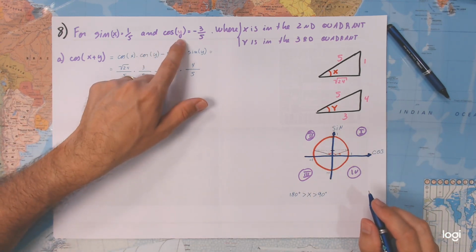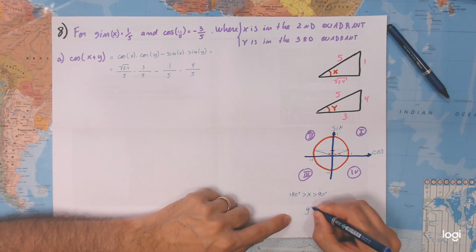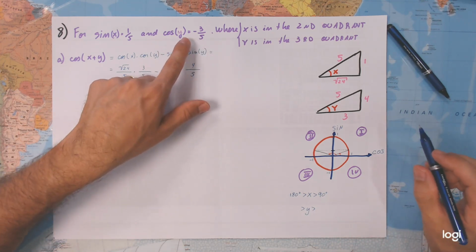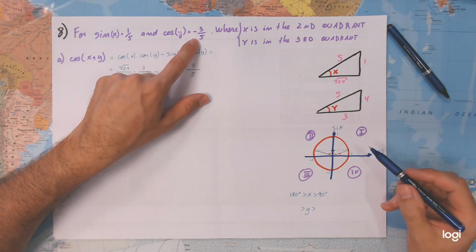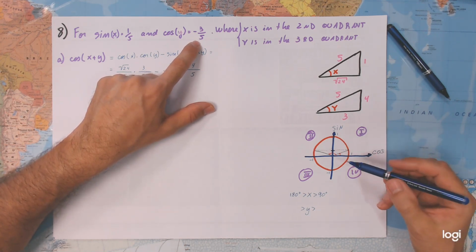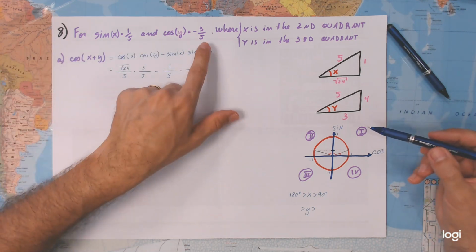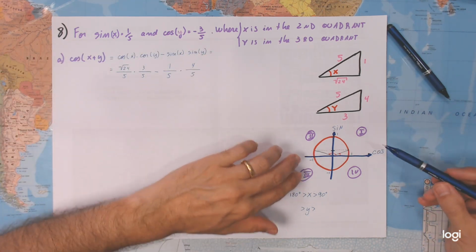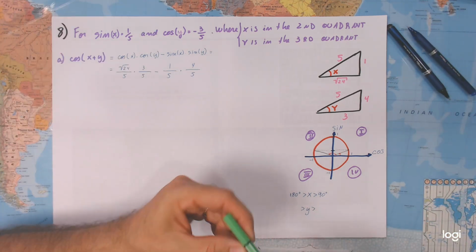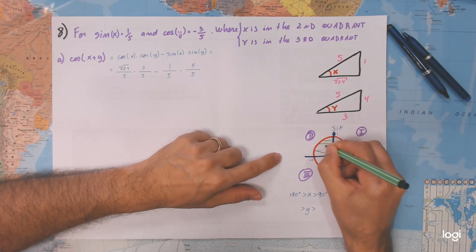What about the cosine of y? Let's see what happens to y. The cosine of y is negative 3/5. Well, the cosine negative, I'm not going to write over this because it's going to be a mess, but what is negative for the cosine? This is the negative side of the cosine, okay?